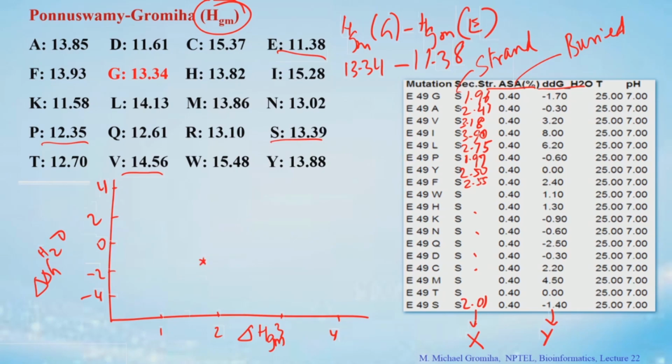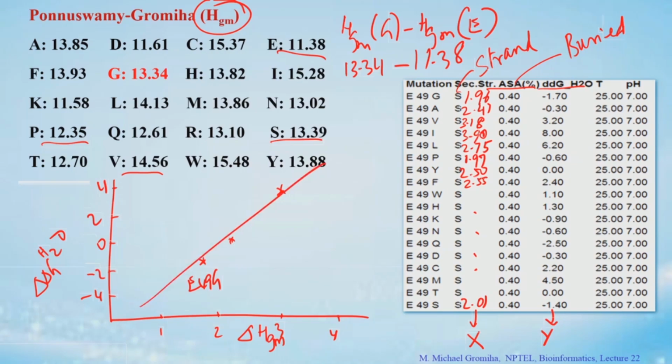And the second one, 2.47 and minus 0.3, is somewhere here. And the third one, 3.18, is somewhere here, E49V somewhere here. So, you can plot all these 20 values.